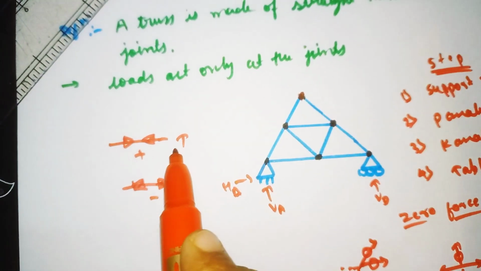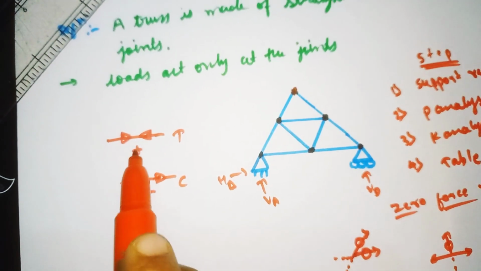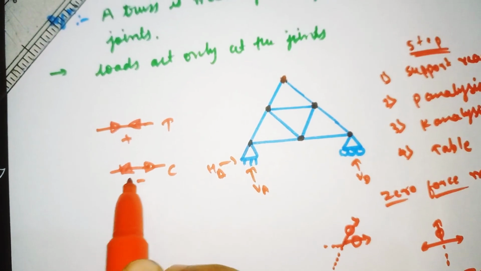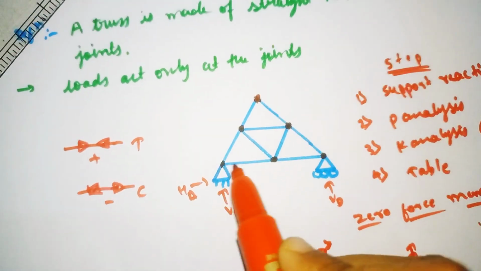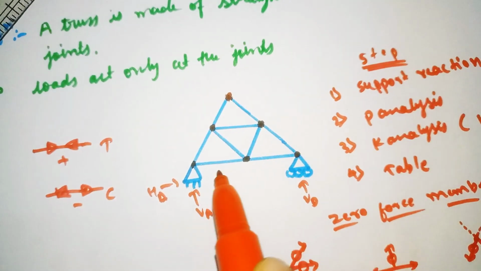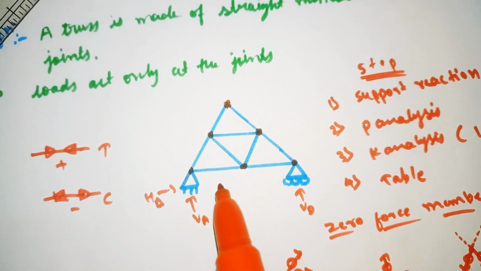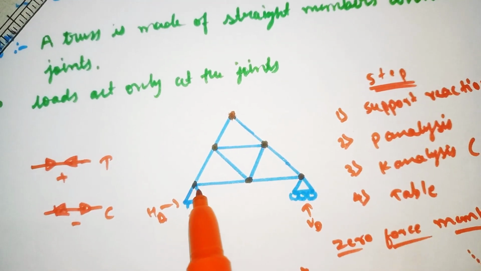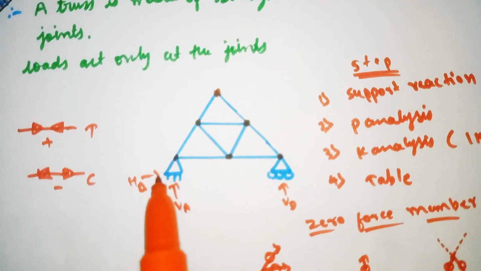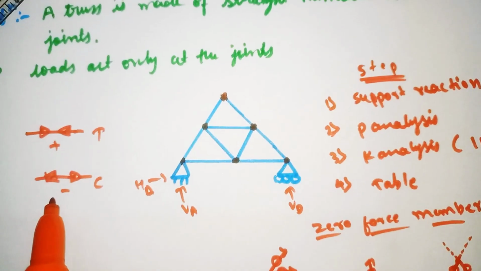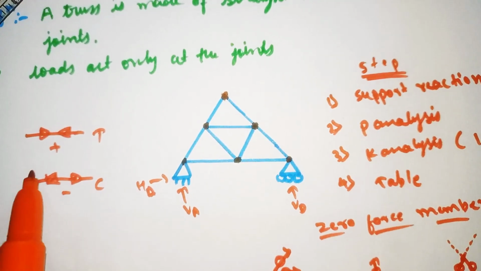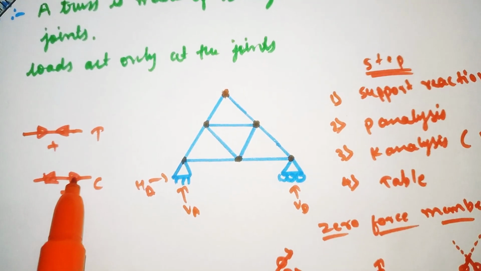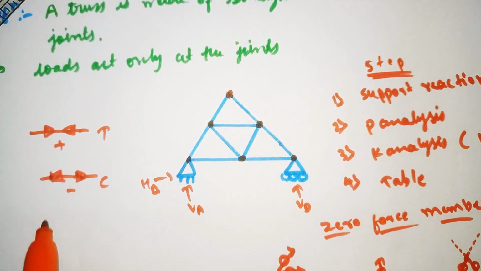So in tension the forces move towards each other, and in compression the forces move away from each other. Away from each other means away from the joint. Here in tension forces move away from the joint, and in compression the forces move towards the joint. So this is the sign convention of trusses. It is very important while analyzing, and important to remember.